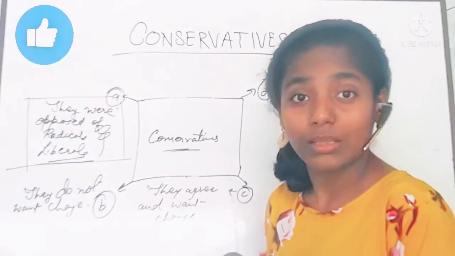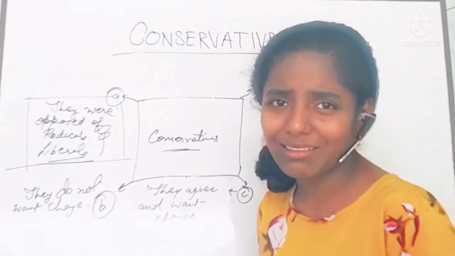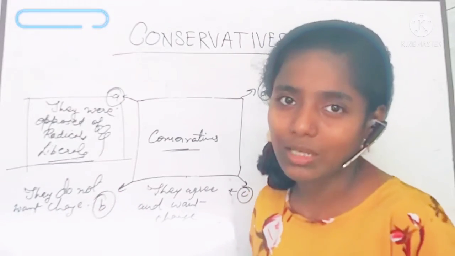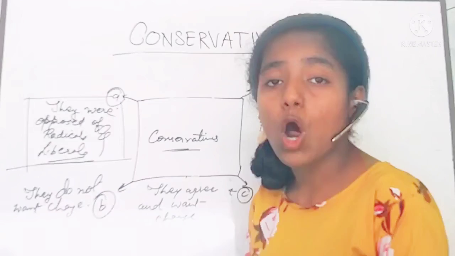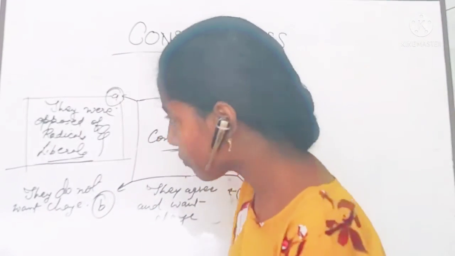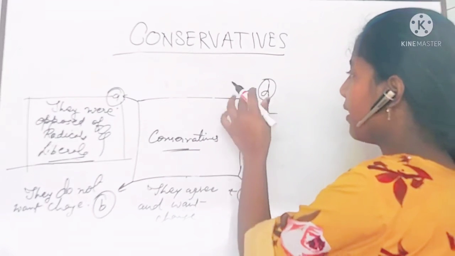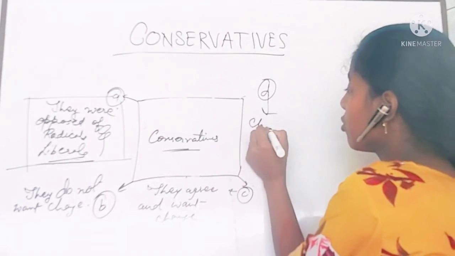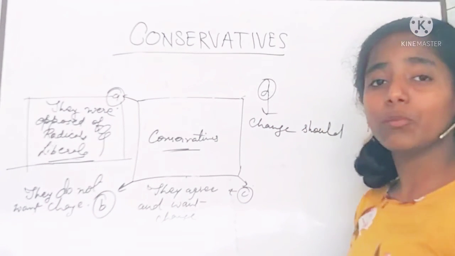Now what happened? They want change, but even though they want change, something guilty is there in their mind. So they said to the people or the citizens or the society members that there should be change, but not sudden. See, you can write over here at the D part that there should be change, but change should be, what?